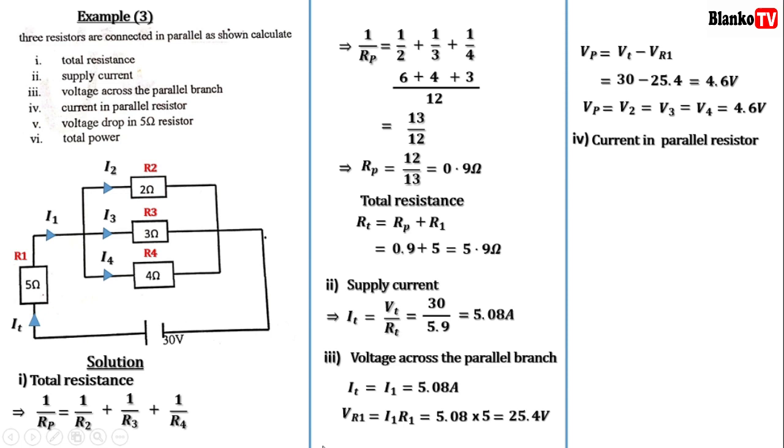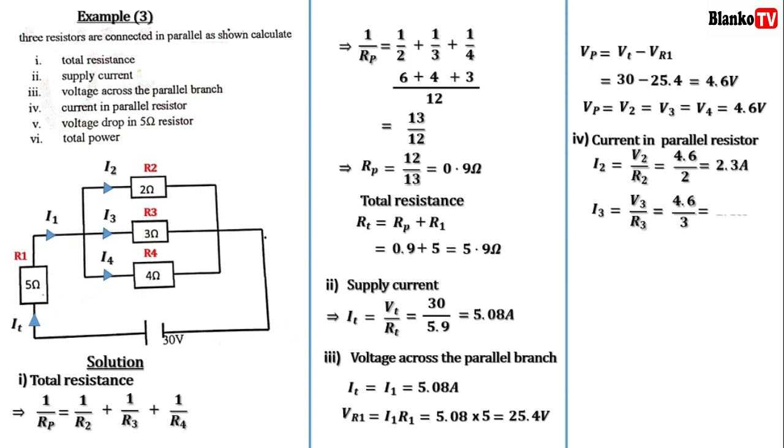So I2 is equal to V2 over R2. V2 is 4.6, and R2 is 2. So when you divide 4.6 by 2, we get 2.3 amps. Then I3 is equal to V3 over R3, which is 4.6 divided by 3.